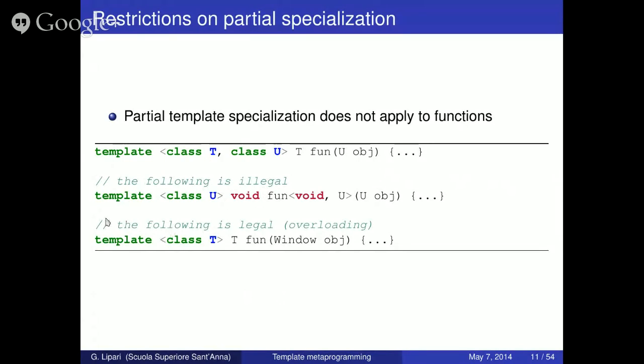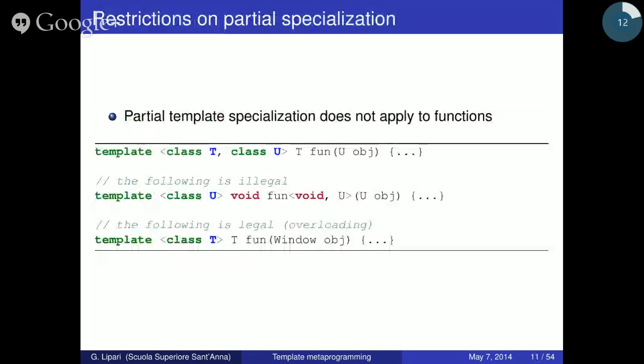The third line here is another function in which apparently you are specializing on U. But actually this is not true. You are not specializing, you are doing overloading. So fun that takes a U and fun that takes a window are two versions of function fun which take a different parameter list, so they are actually two functions.